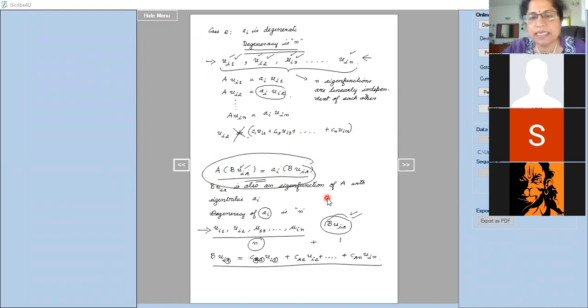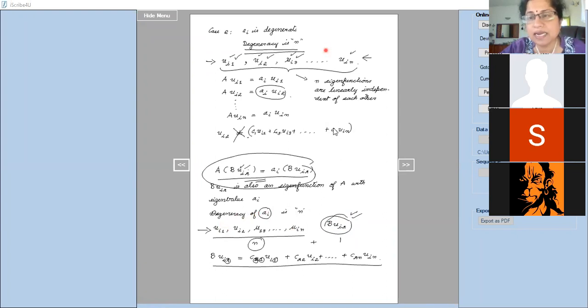Now, what is the basic thing? The basic thing is that already these fellows are there: UI1, UI2, UI3, UIN, which are the n linearly independent eigenfunctions of A. Additionally, now I also have this equation, meaning this is also an eigenfunction of A, correct? With eigenvalue AI. Now the question is, is this BUIR a new eigenfunction, which means that it is linearly independent of these n guys, or it is actually not a new eigenfunction, it is some combination of these guys.